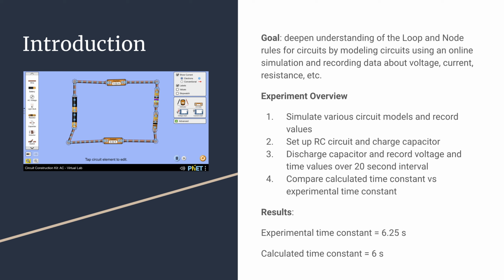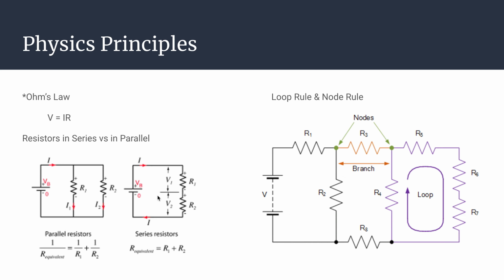My experimentally calculated time constant came out to be around 6.25 seconds, while theoretically I calculated it to be 6 seconds. Some important underlying physics principles in this lab are shown here.